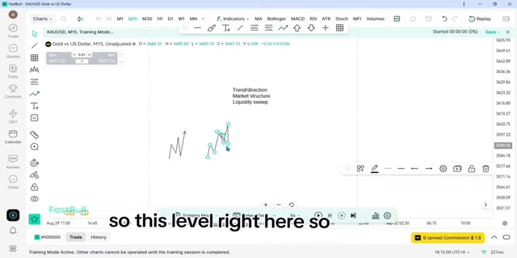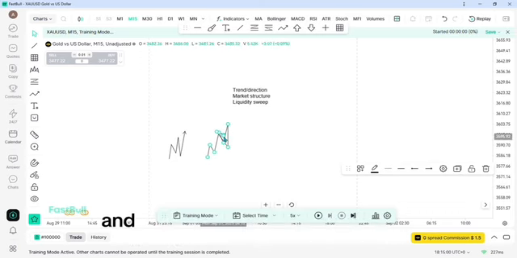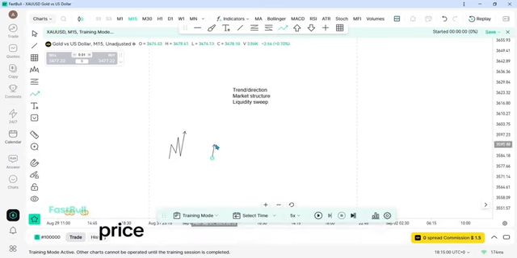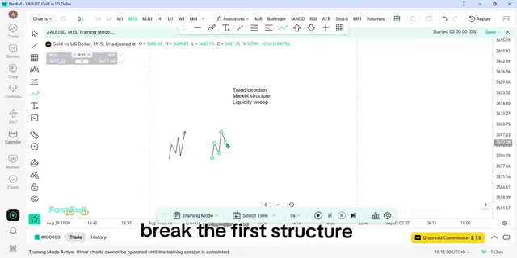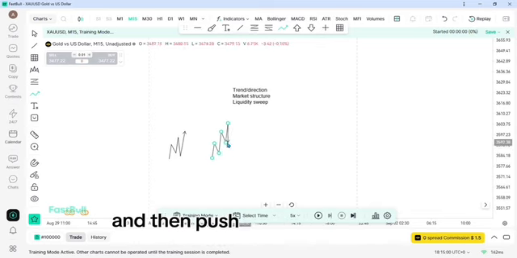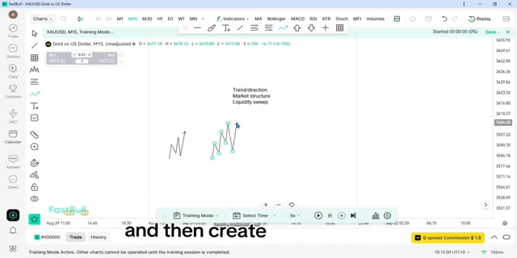So price must come below this level and then push all the way to the upside. Price must do something like this: break the first structure, pull down, break another structure, and then push back to sweep this liquidity over here and then create a new high.